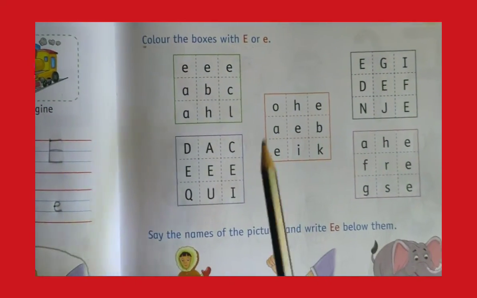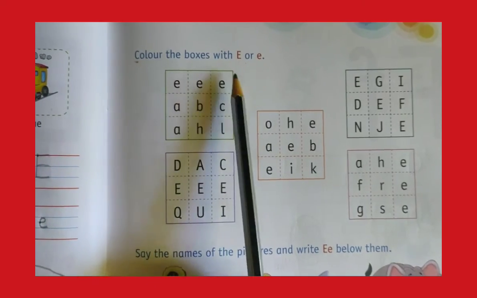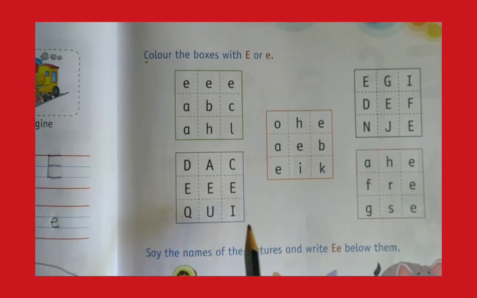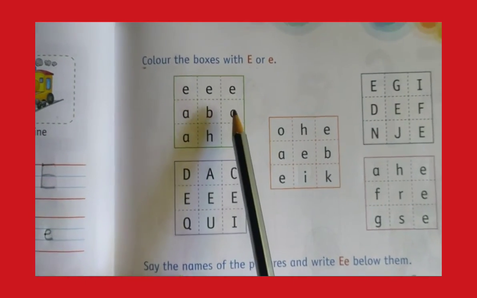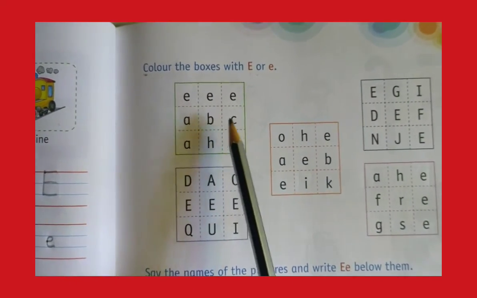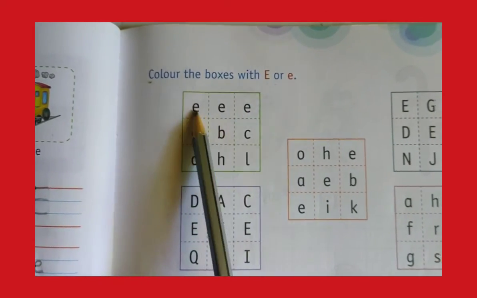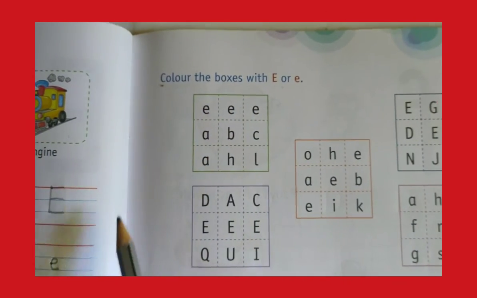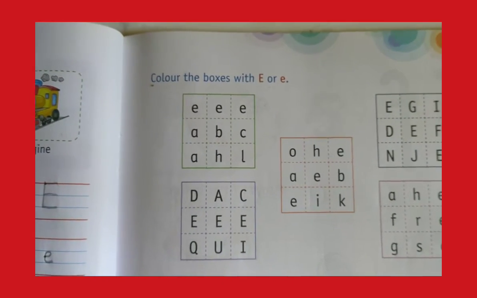Then color the boxes with E, capital E or small e. Now what we have to do? Some boxes are given. Okay, here some boxes are given, and in this box we have to find where is capital E and where is small e. In this box we can see small e, small e, small e. Now what we have to do? We have to color the boxes.